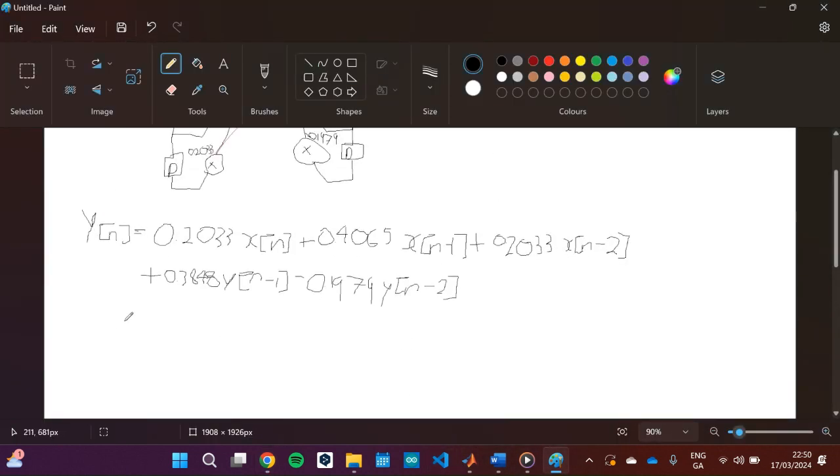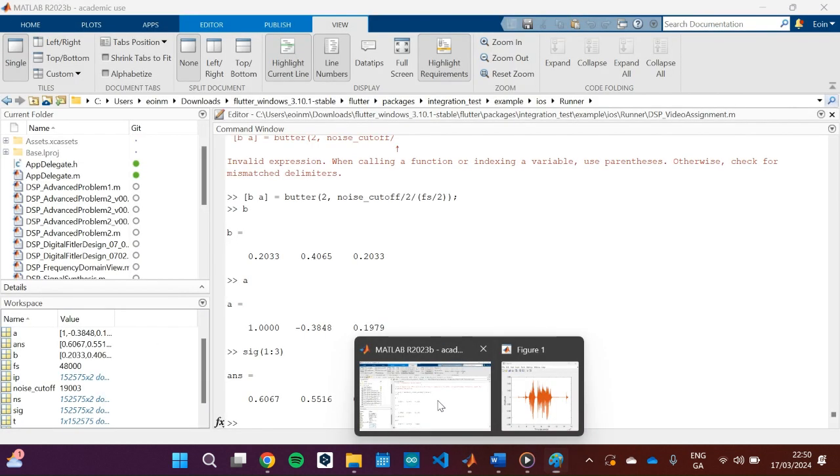Alright. So y of 0 will be 0.2033 times x of 0.